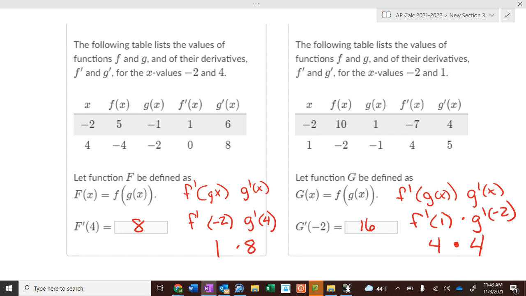Well, the normal g of x at that point, -2, is 1. So then we replace g of x, the normal, with a 1. And so now we're taking the first derivative of f at 1. Yeah, that's how you do it.